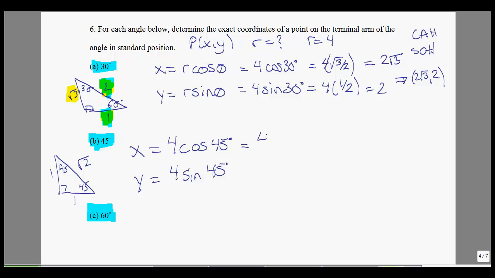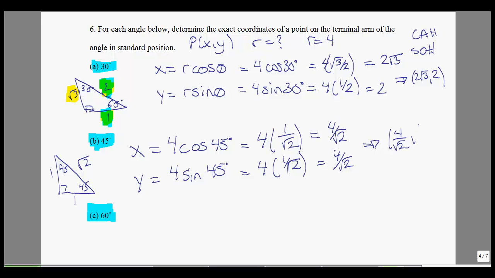Using our triangle, we deduce that cos 45 is 1 over root 2, and sine 45 is 1 over root 2 as well, giving us solutions of 4 over root 2 and 4 over root 2, leading to a point of 4 over root 2, 4 over root 2.